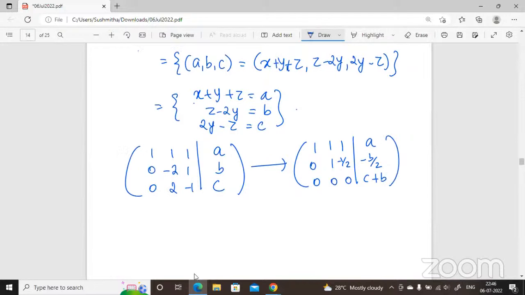Right? So for this to have a solution, b should be equal to minus c. No other conditions, right? Because this is the only zero row. This term has to be 0. No other conditions.